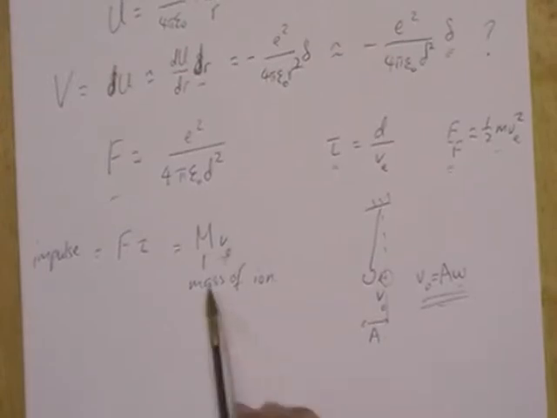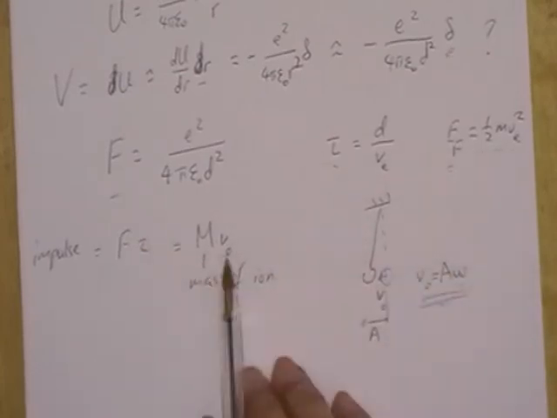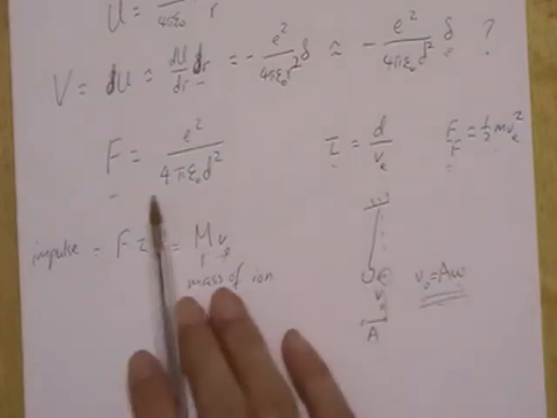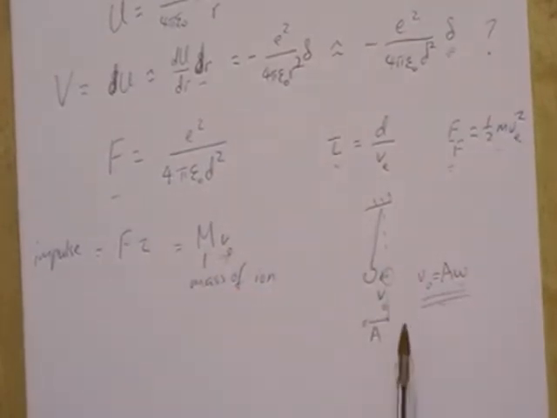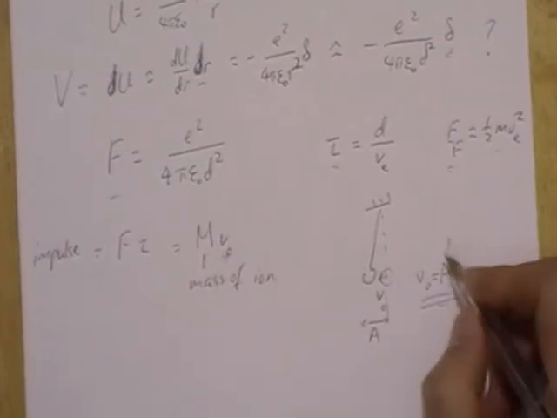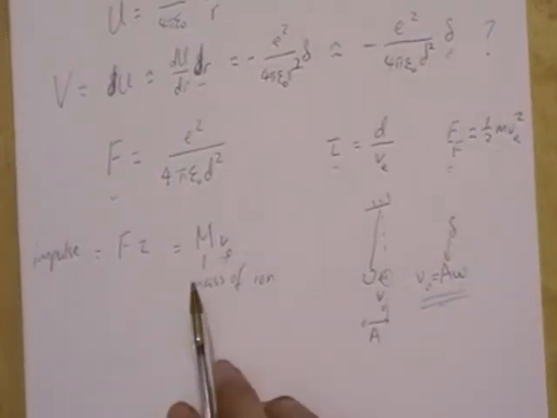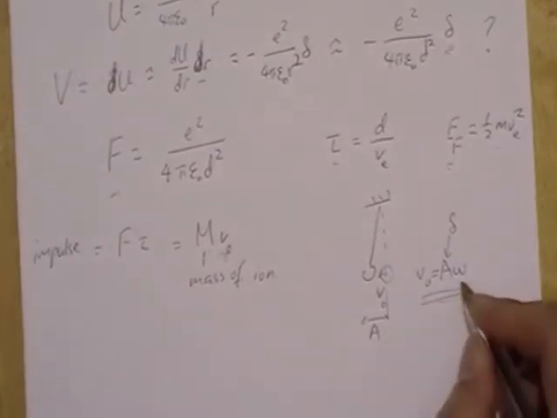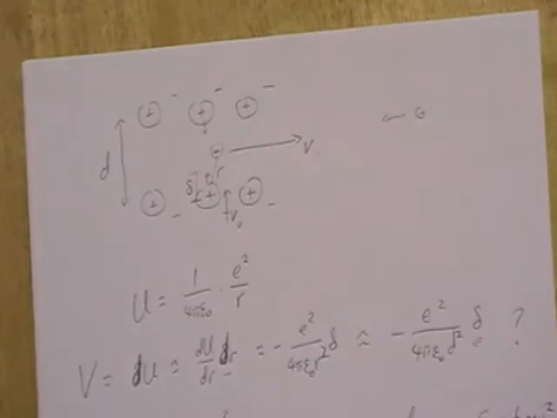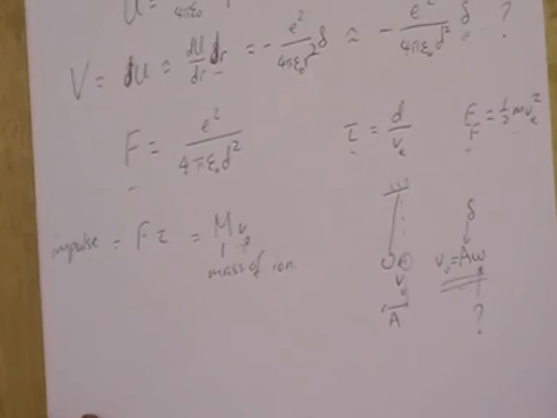Now, you see that we know how to estimate the starting velocity of the ion from these relations. But in order to find the maximum displacement, which corresponds to the delta in our problem, we must know the angular frequency of this ion. Now there is a very simple way to estimate that maximum frequency.